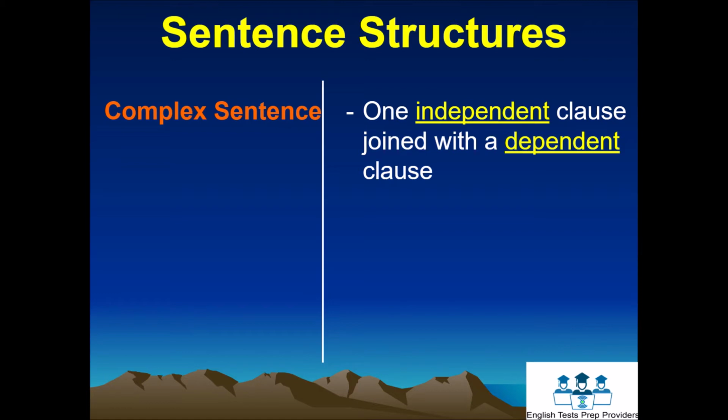Thus, a dependent clause is a sentence that cannot stand alone. So it means this clause really has to depend on the complete sentence because a dependent clause cannot stand alone as a sentence. It does need a complete sentence or independent sentence.